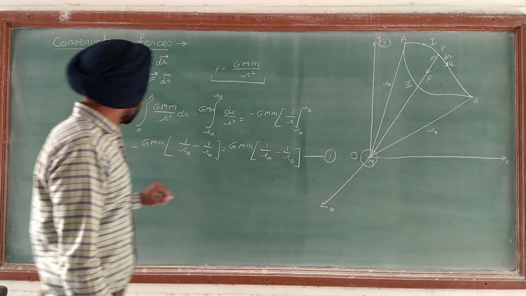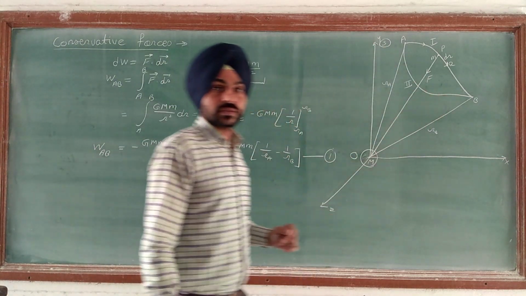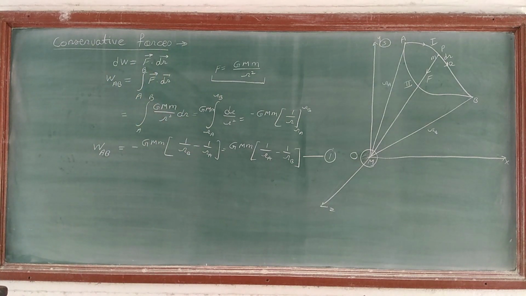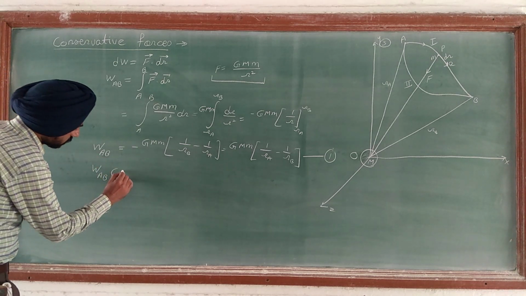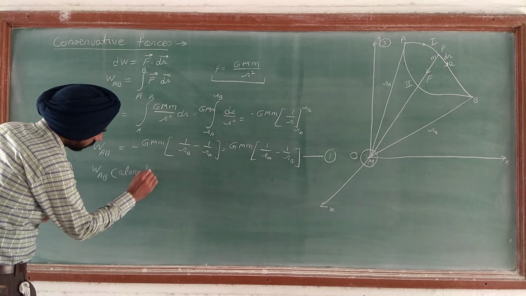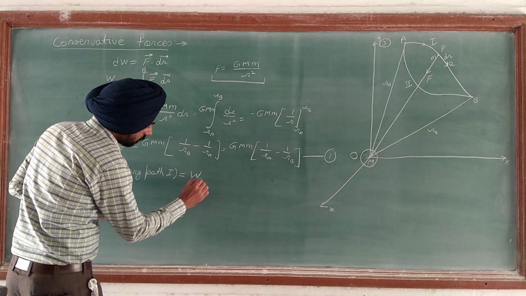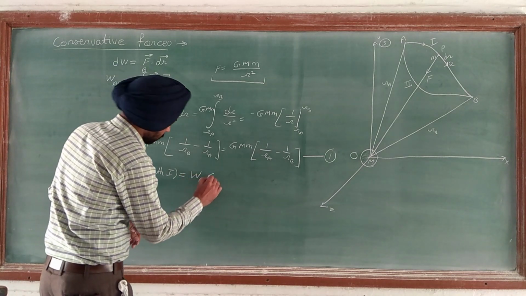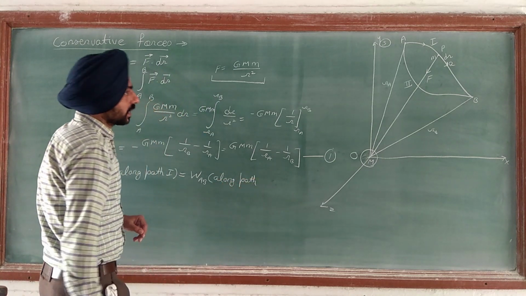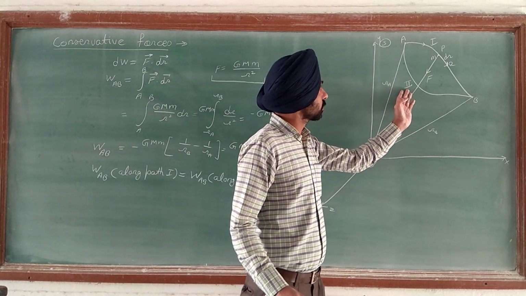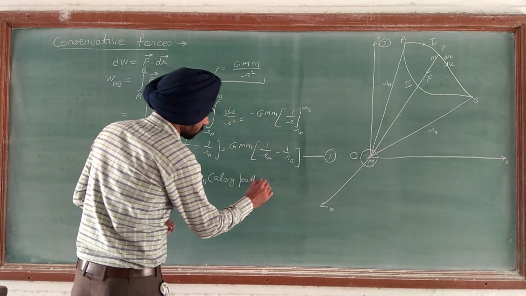Since we know the work done is independent of the path followed but depends on the initial and final position, the work done W_AB along path 1 is equal to W_AB from point A to B along path 2, because whether the particle follows path number 1 or path number 2, the position coordinates of points A and B are the same, so the work done will be the same along path 2.